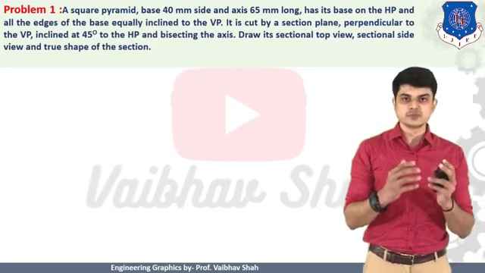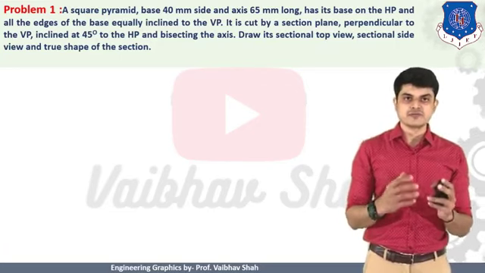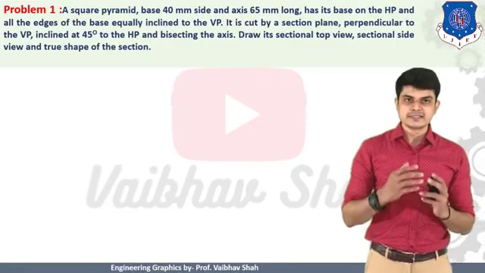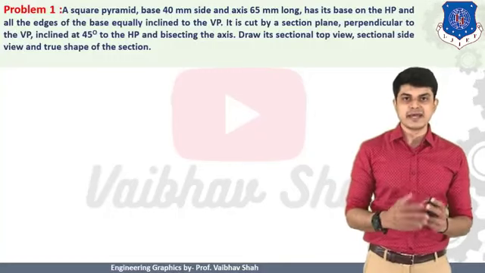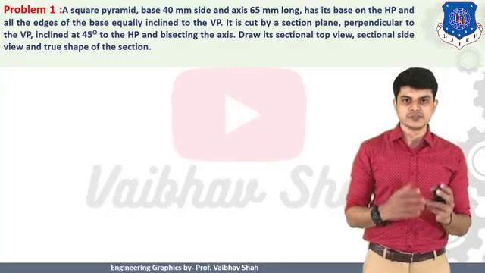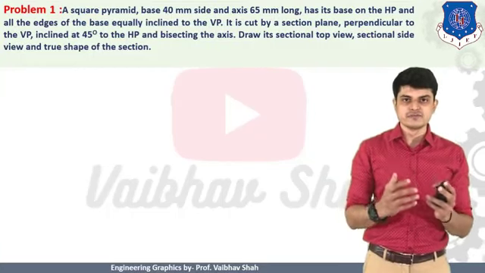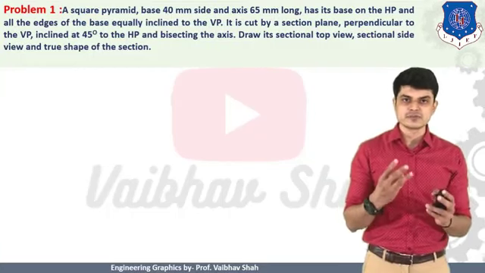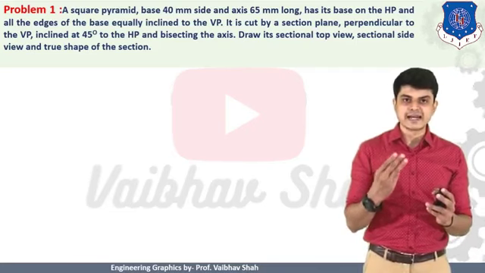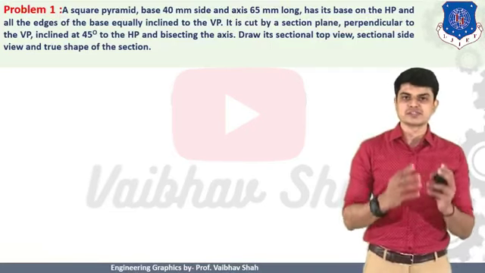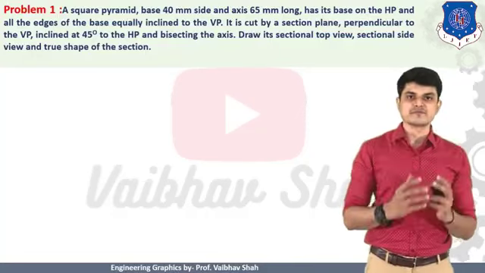First is your sectional top view, second is your sectional side view and third is your true shape of section. So we are talking about the top view, side view and front view, which obviously we should draw. We will have three views, front view, top view and side view, and finally we should construct the true shape of section for that object.